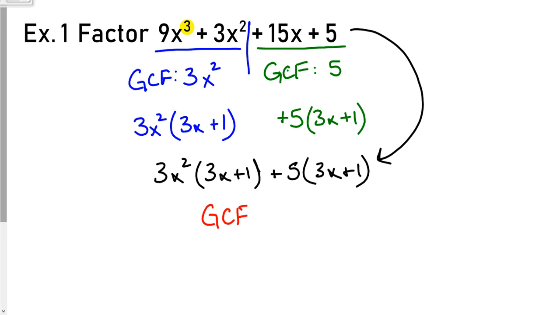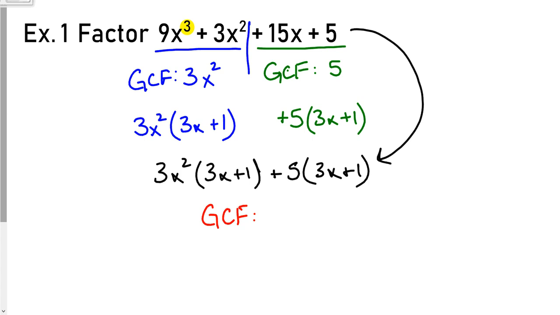This is the part that a lot of people tend to struggle with wrapping their heads around. You're always used to thinking that the greatest common factor is some monomial term. It's 2, it's 3x squared, it's 5. But the GCF is anything that they have in common.